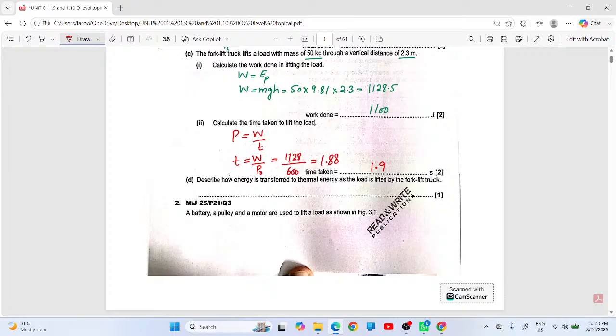Next is describe how the energy is transferred to thermal energy as the load is lifted by the forklift truck.